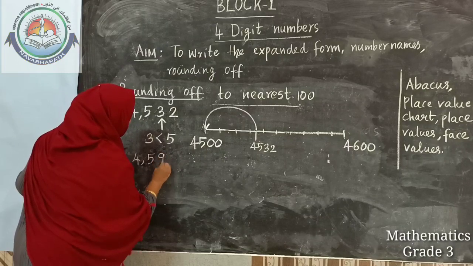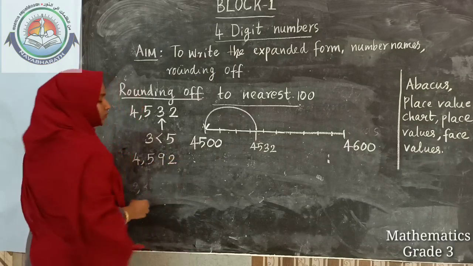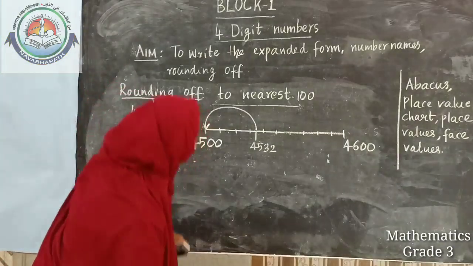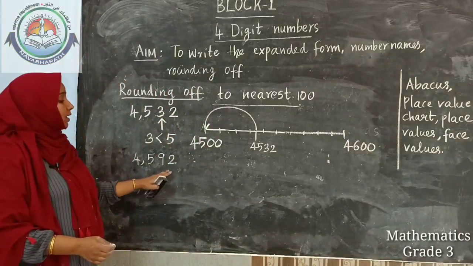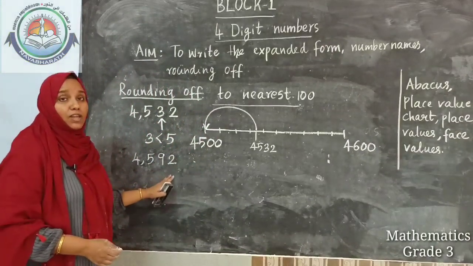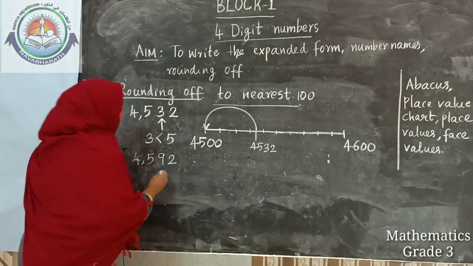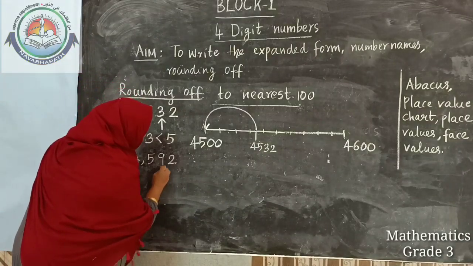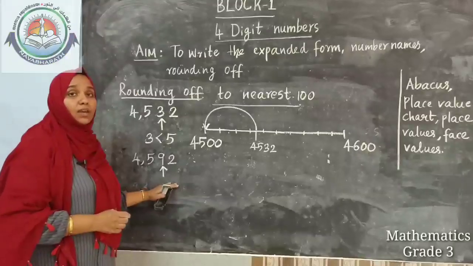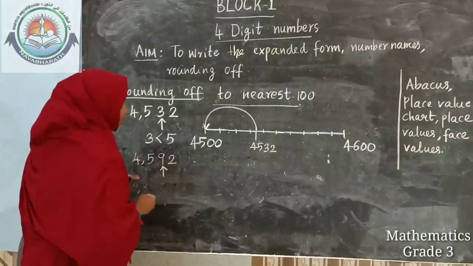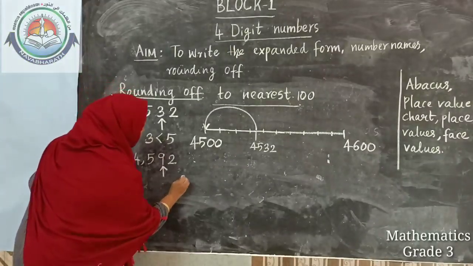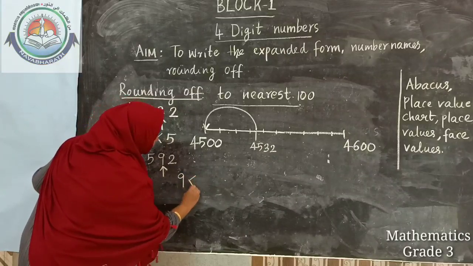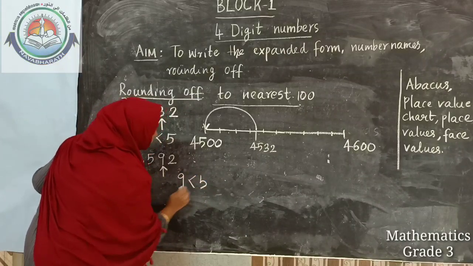4,592. And in this number, you check the number at the tens place, and that is 9.